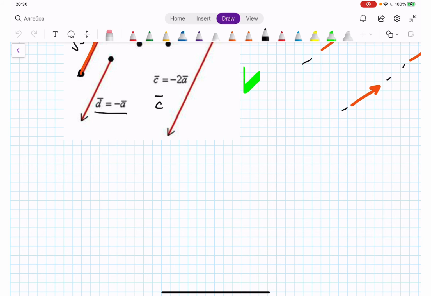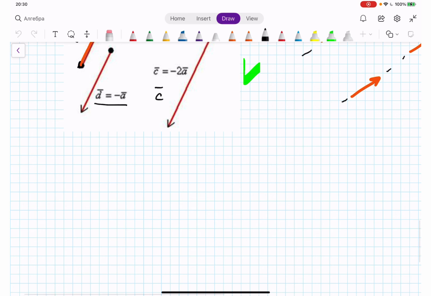What is the Cartesian coordinate system in space? We know that on the plane we have two axes, X and Y. But in space, the Cartesian system is a triplet of mutually perpendicular axes intersecting at a point that is called the origin.